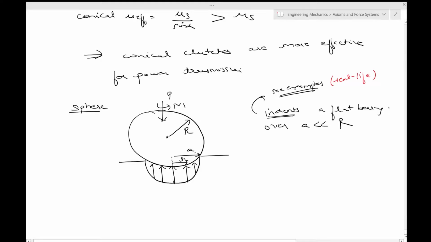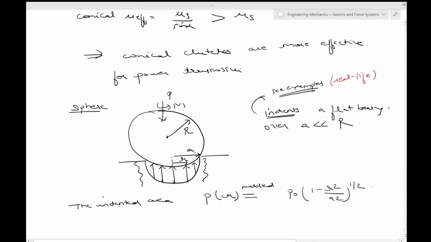Okay. So now the indented area can be this area. Okay, this can be assumed or modeled as P(R) is equal to P naught (1 minus R square by A square)^(1/2).